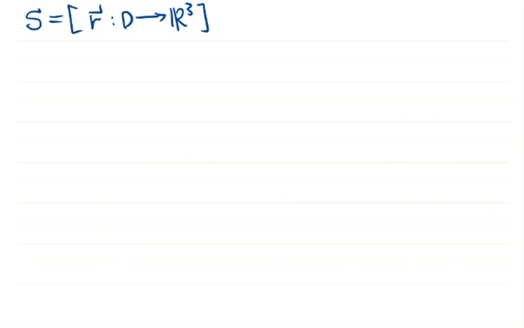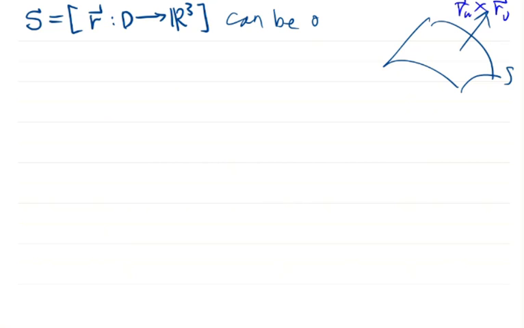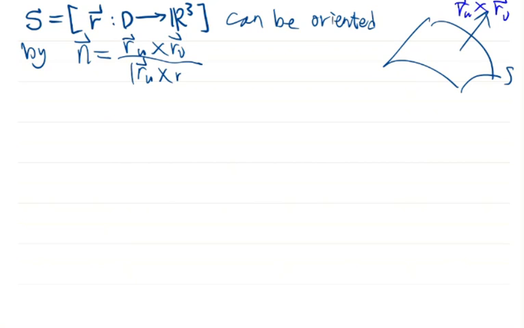So S has a normal vector, determined by the partial derivatives. But we use the unit normal vector. So this surface can be oriented by n equals R_u cross R_v divided by its norm.